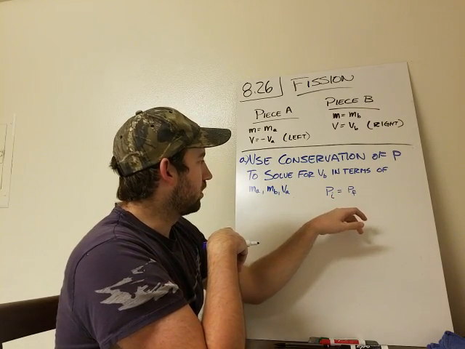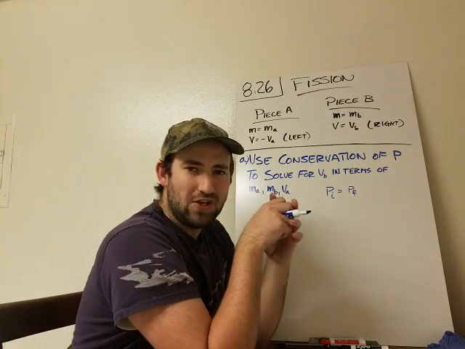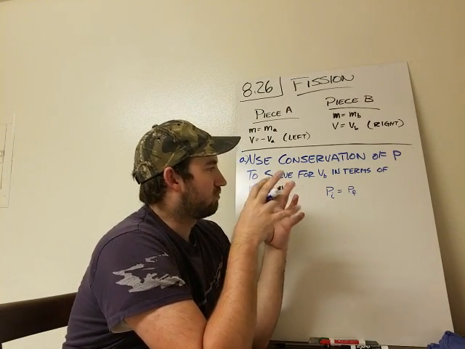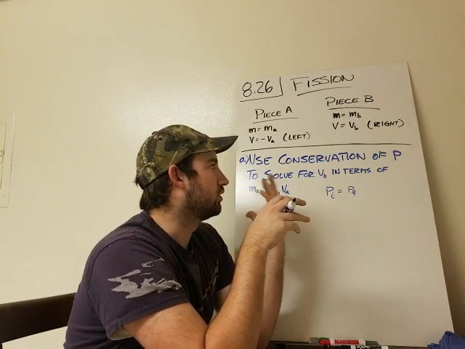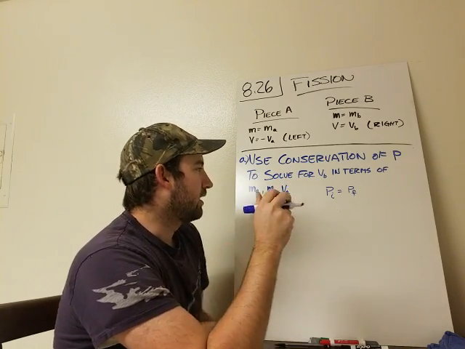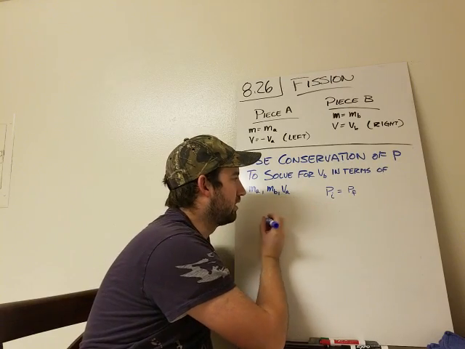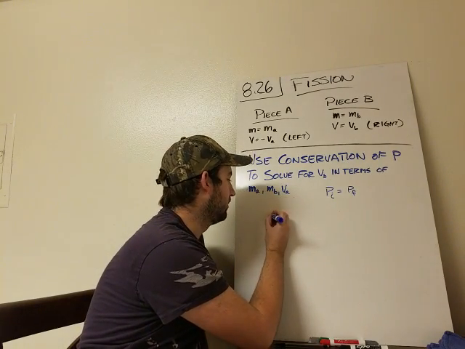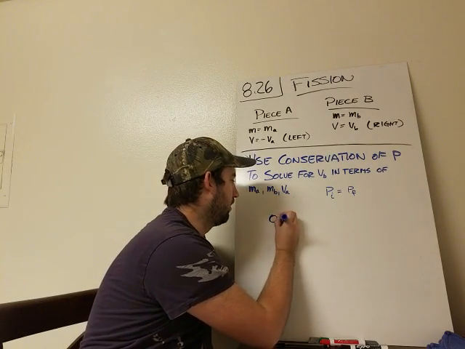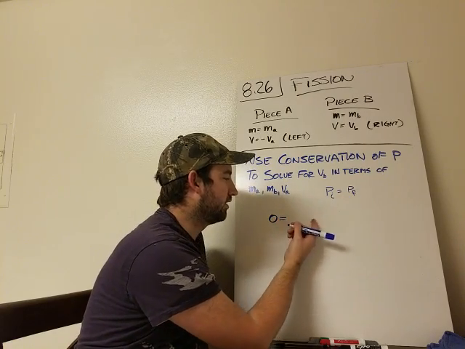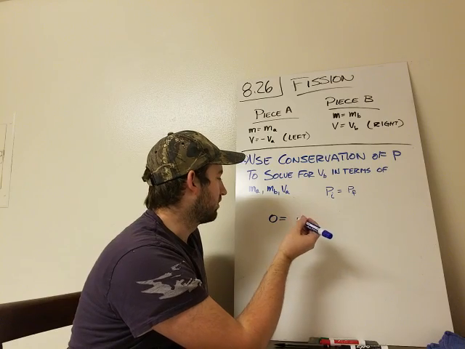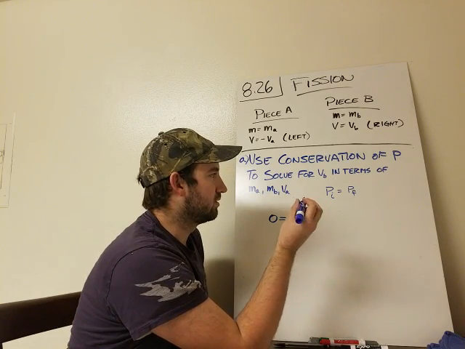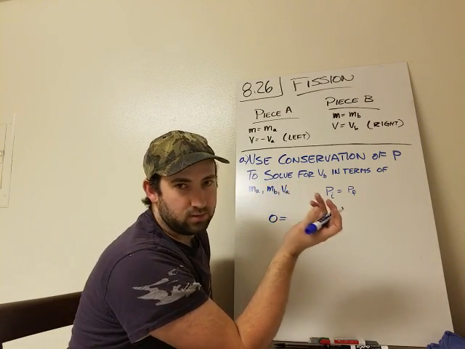When we look at before, we know since it's fission that this nucleus is just hanging out. There's no momentum that we're going to worry about. So we end up getting P sub I, or the initial momentum, equals 0. And then the final, let's split that up into the parts, because we know the momentum is the mass times the velocity.